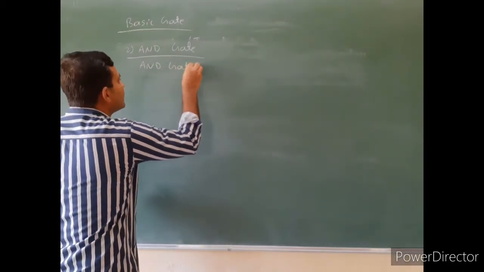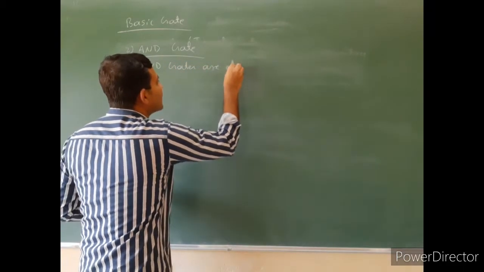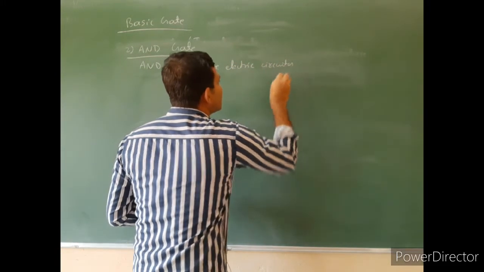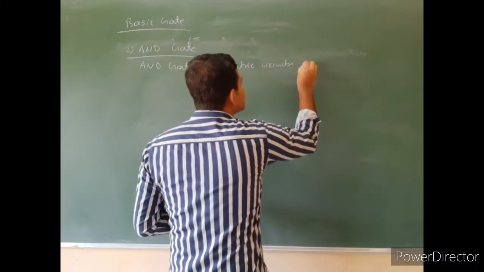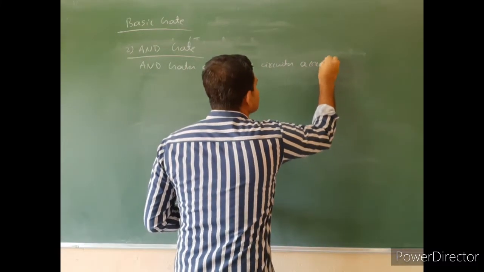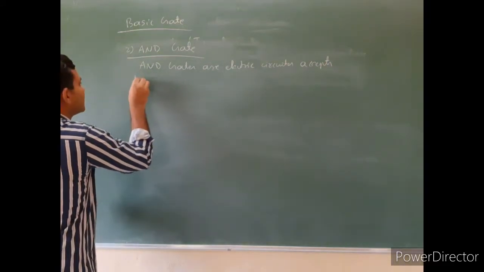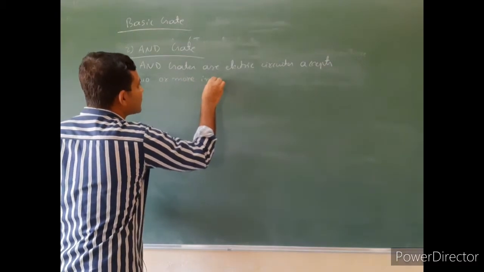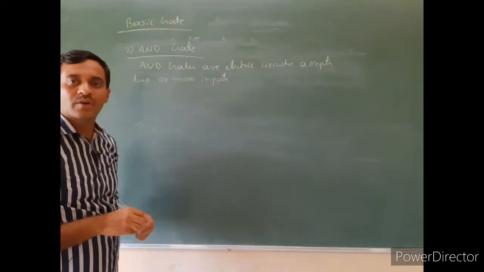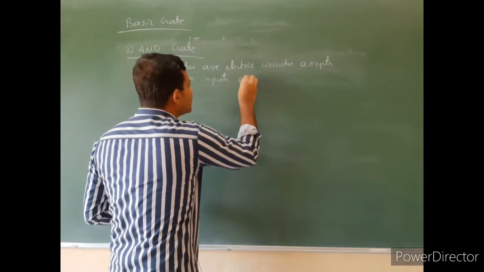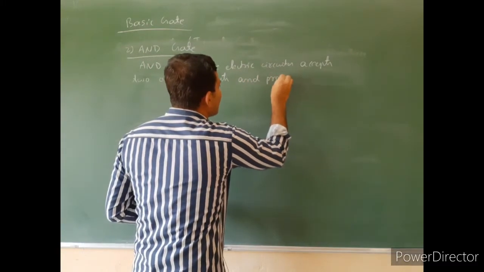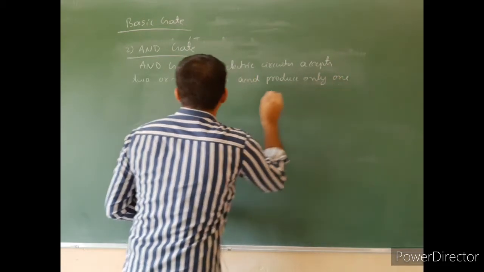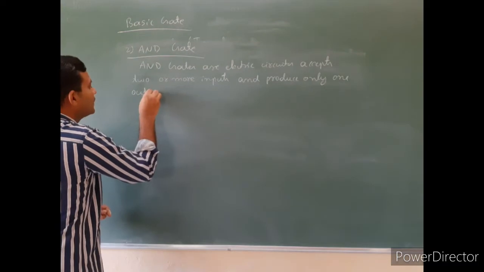AND gates are electronic circuits. They accept two or more inputs and produce only one output.